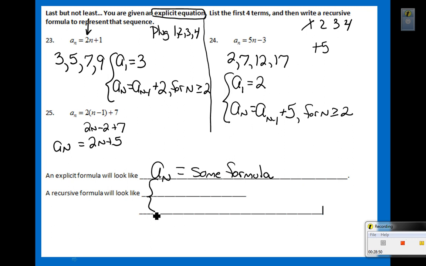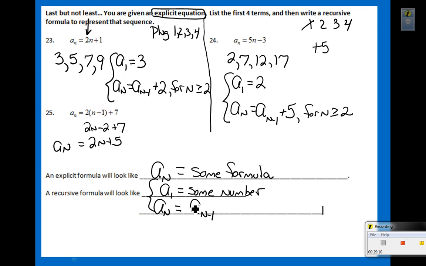You'll have the brace, the cool parenthesis, and you'll have a sub 1 is some number. You got to tell people where to start. And then you'll have a sub n equal, and there's going to be a sub n minus 1 there.